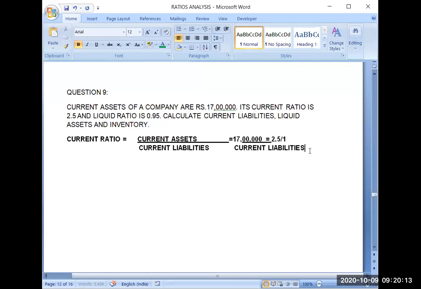Now when I will solve this equation, because of cross multiplication, it will become current liabilities is equal to 17 lakh upon 2.5, and this way we will get the value of current liabilities.